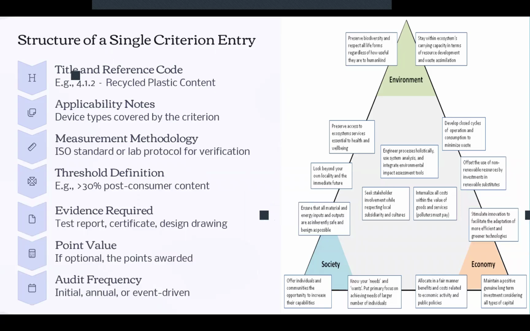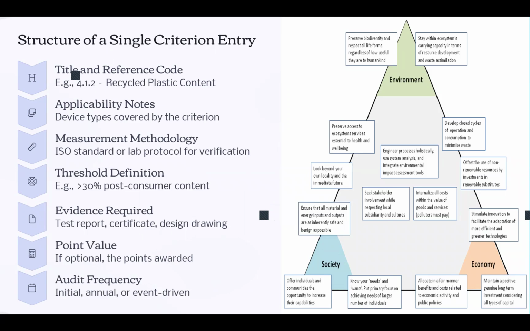Now, IEEE 1680 is very organized. So every criterion is broken down in a way that tells you exactly what's expected, how it's measured, and what proof you need. So each item has a name and a reference code.